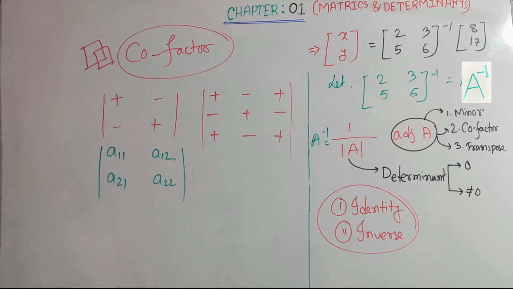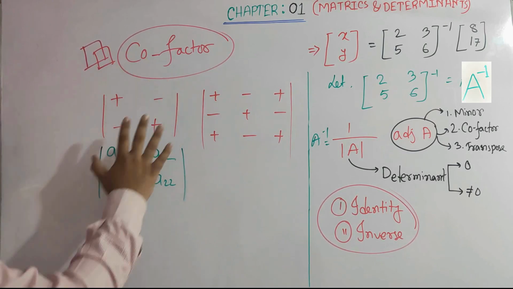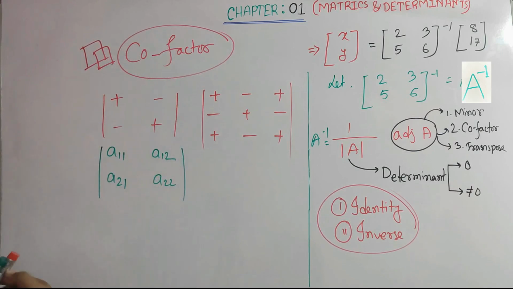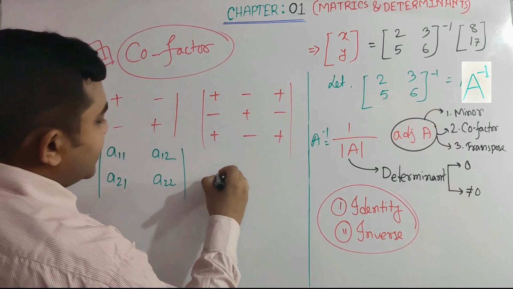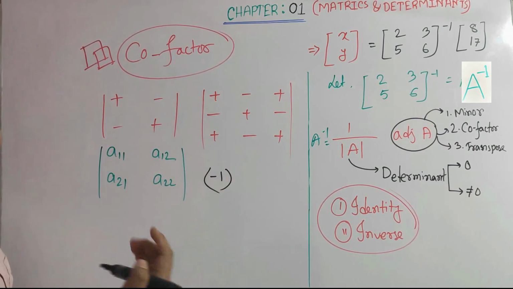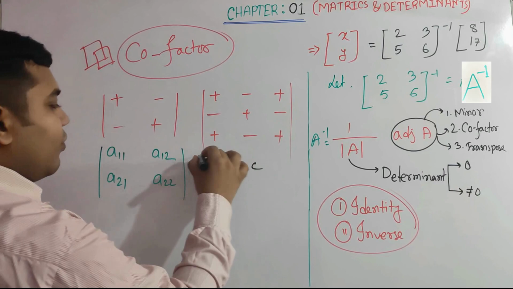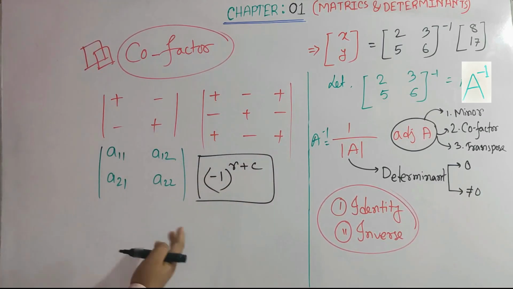To determine the cofactor sign there is a formula: minus 1 to the power row plus column. This is the formula we have to memorize when thinking about the sign system.